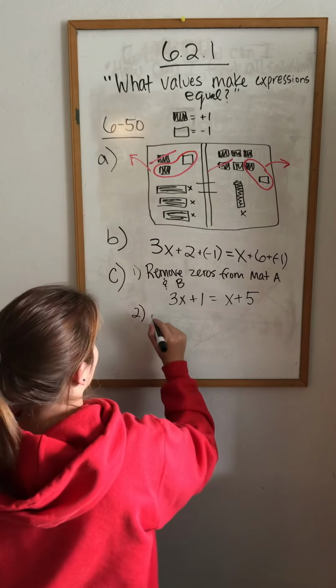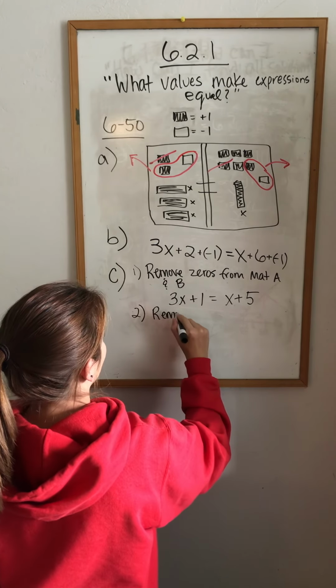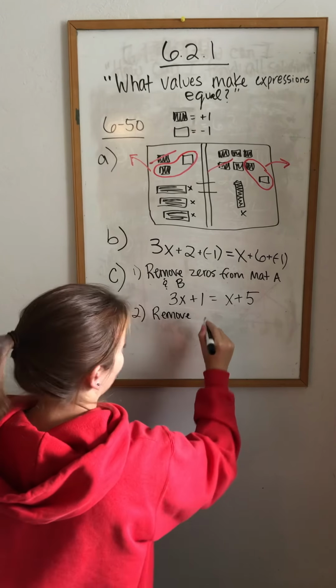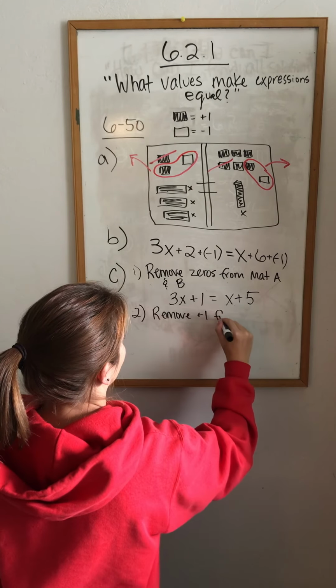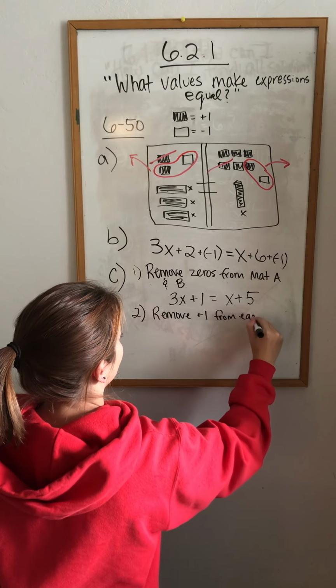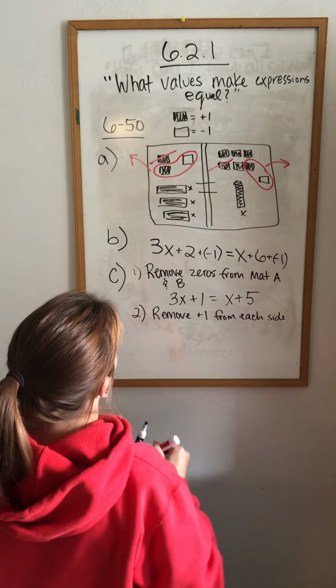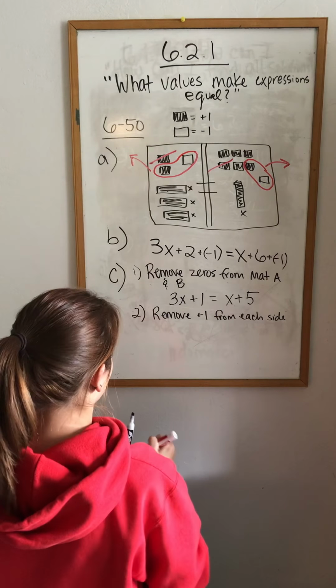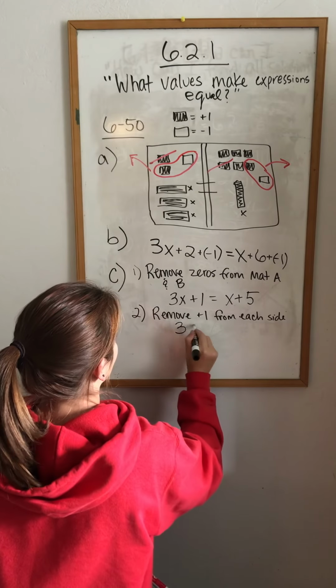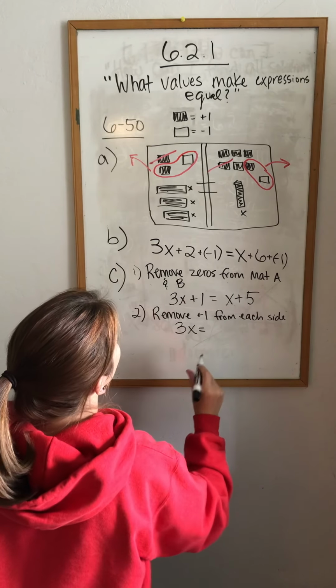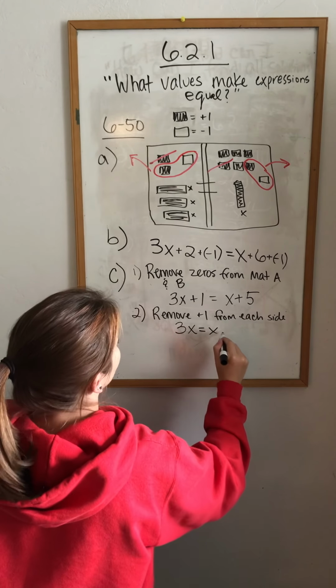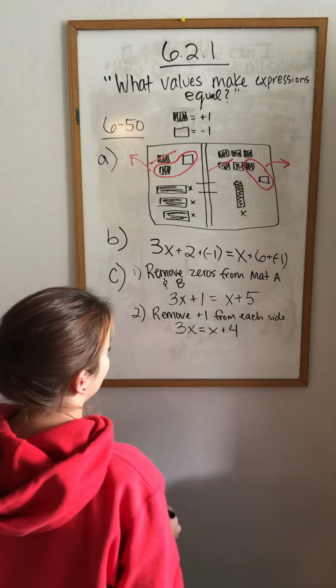My step was I removed +1 from each side. Now my equation looks like 3x equals x plus 4.